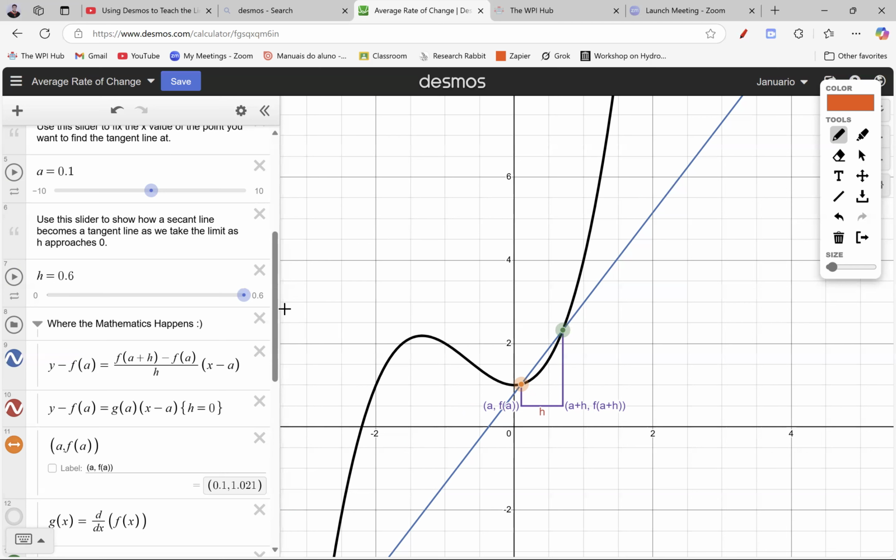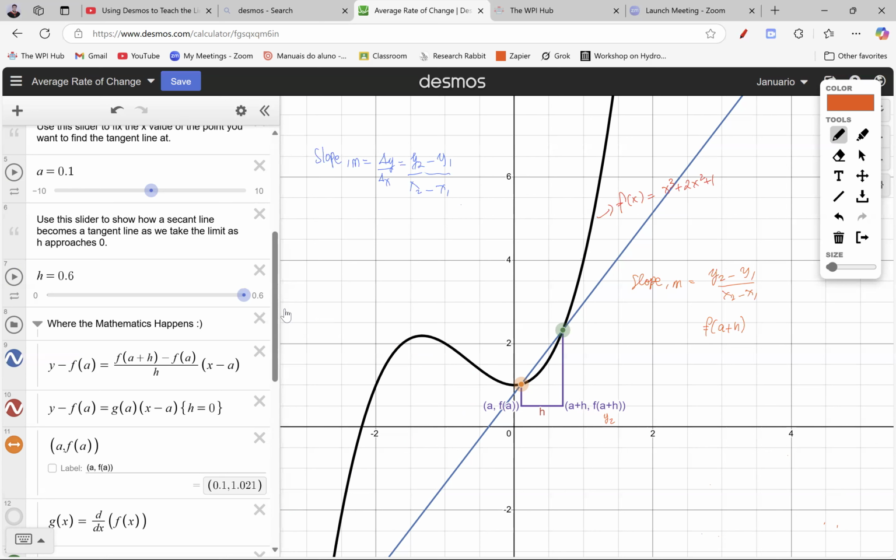Okay, so you want to find the slope. So your y2 is f of a plus h. Right? What about your y1?